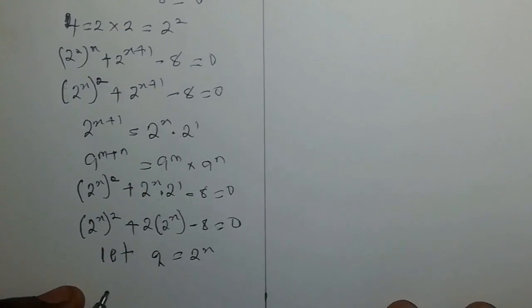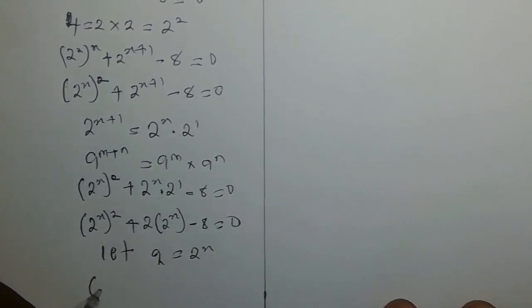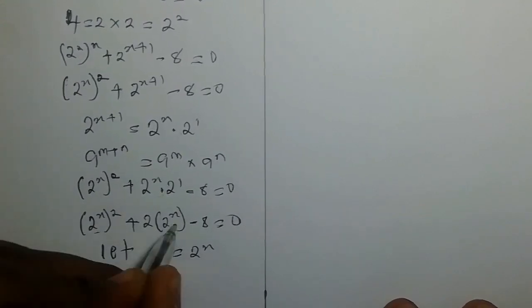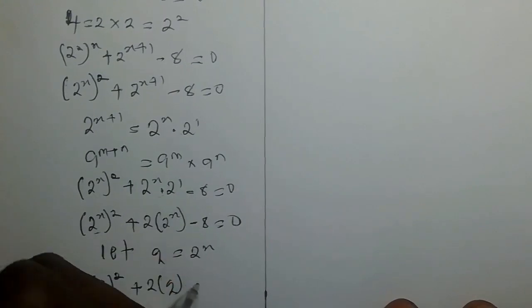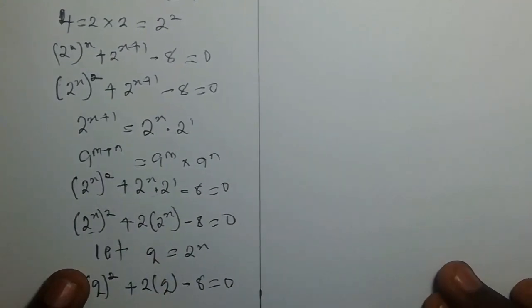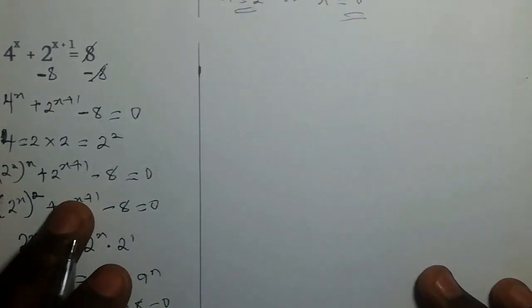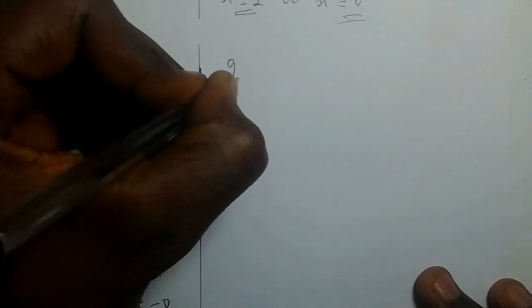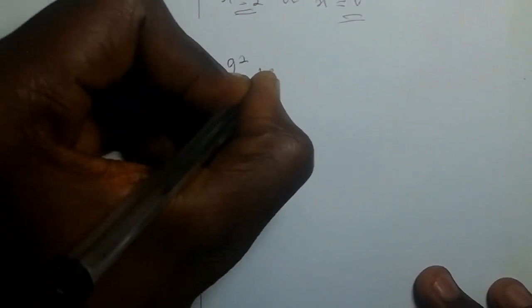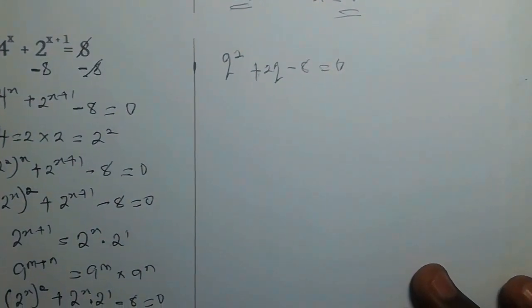By substituting q, wherever we see 2 power x, it will be q. 2 power x squared plus 2 into q in bracket, and clearing out the bracket, we'll have q squared plus 2q minus 8 equals 0, and this is a quadratic equation.